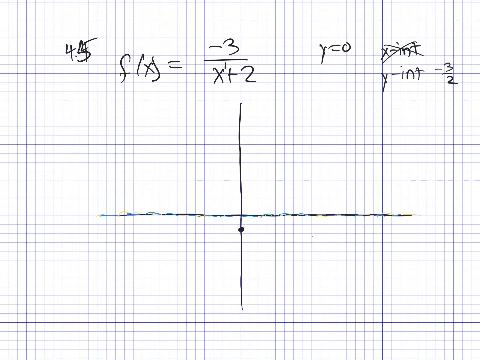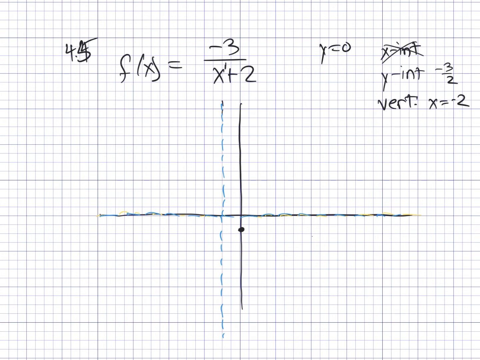Vertical asymptote, what is that? Set your denominator equal to 0, x equals negative 2. So we have an asymptote at negative 2. And the horizontal asymptote we've already done. Now it's graphing. We don't know if it's above or below in the second or third quadrant, so we have to plot a point.